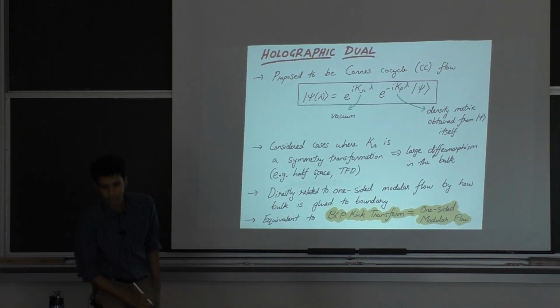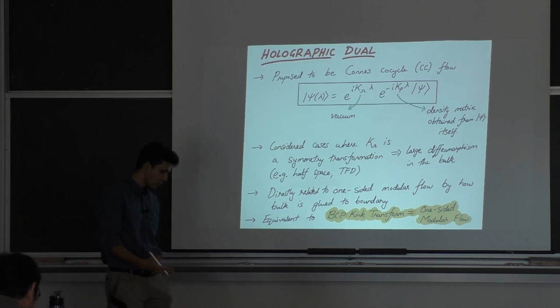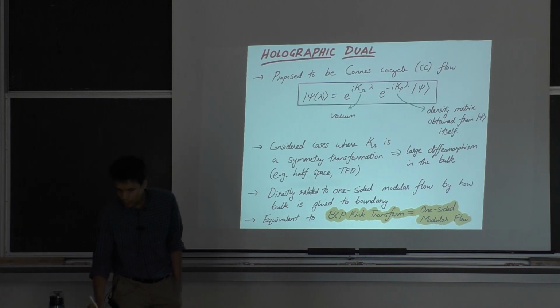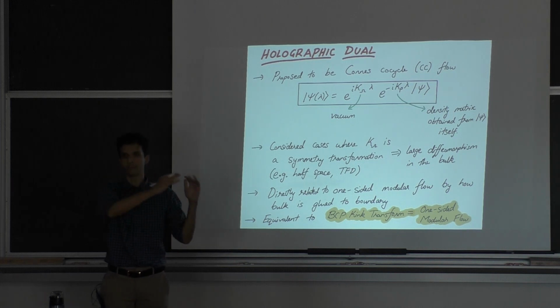All right. Good. So we were interested in the holographic dual to this transformation, and we proposed that there's something called the Connes cocycle flow, or CC flow, which is defined as follows. You start with some state psi, and in general, the Connes cocycle flow is defined by modular flow, where you forward modular flow by one state and then reverse modular flow by a different state.